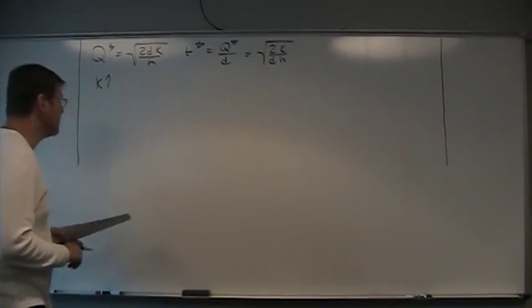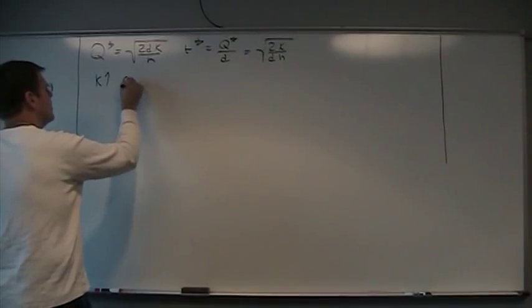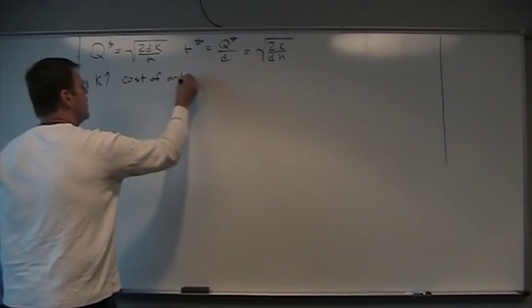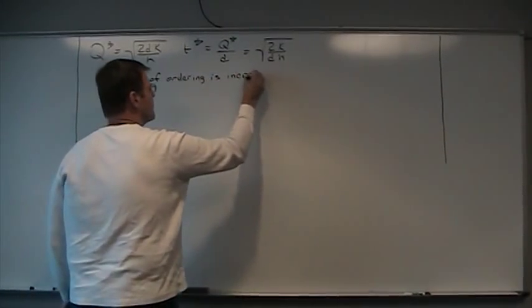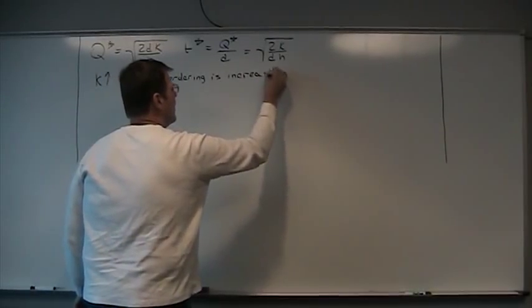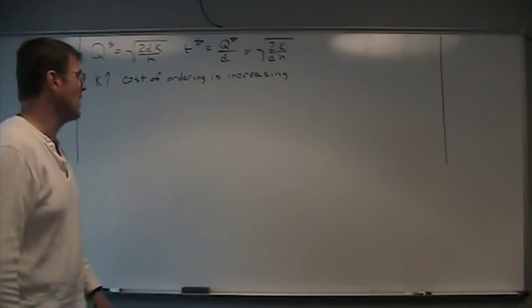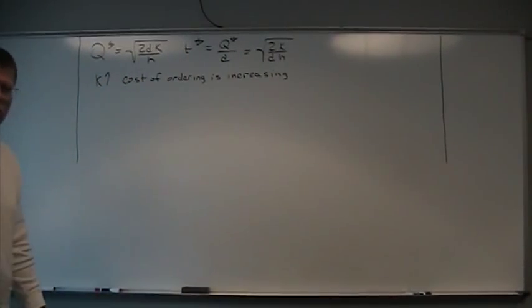The idea here is if K is increasing, then basically the cost of ordering is increasing. And because of that, you're going to want to order less. Sorry, when I say order less, I mean order the same amount but in fewer orders.